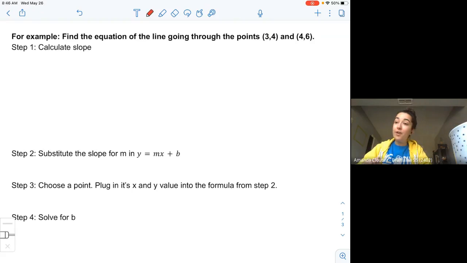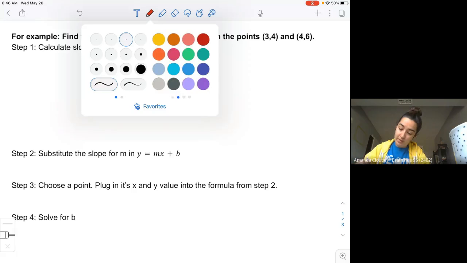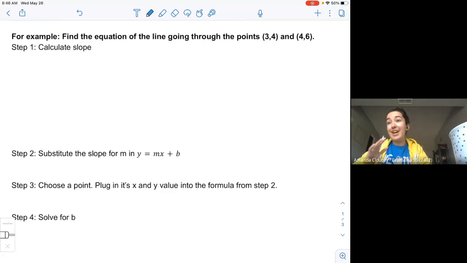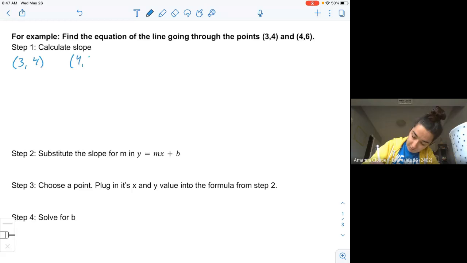Our very first step is to calculate the slope. So we are looking to calculate the slope through the points (3, 4) and (4, 6). First thing I'm going to do is rewrite those points and label them as x1, y1, x2, and y2. I'm going to write them here: (3, 4) and (4, 6).